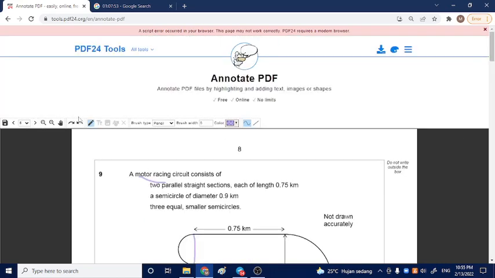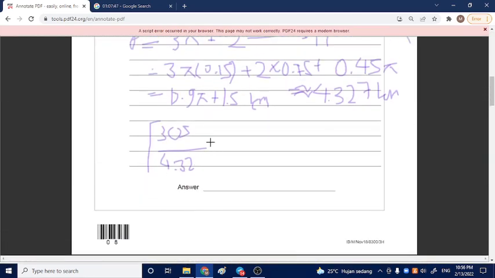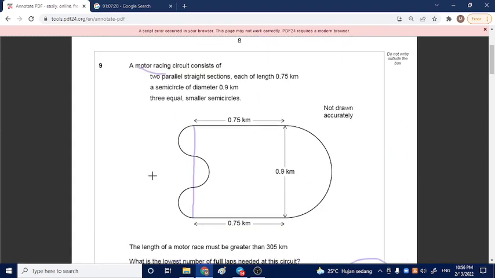Oh no. Too much undos, whatever. I do not care. That will be 70.481, and that is equal to 71 laps. 71 laps is the answer. Alright, that makes more sense.